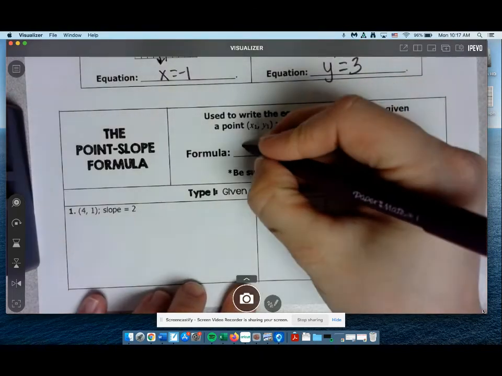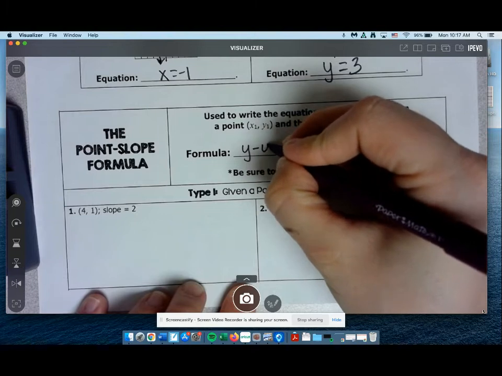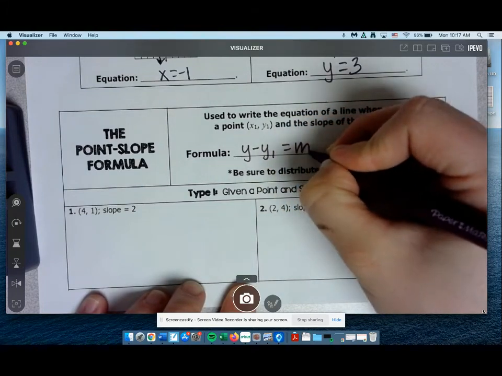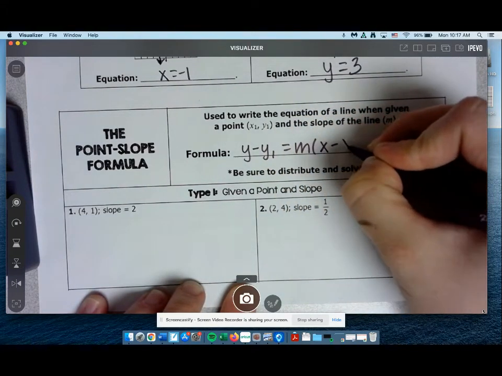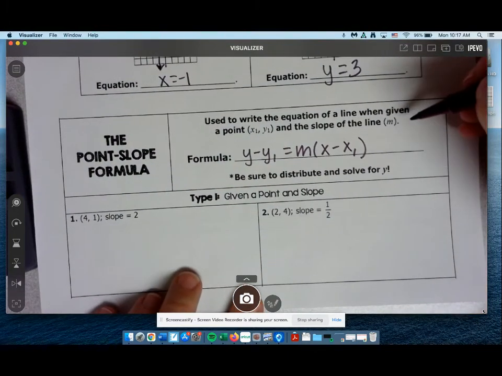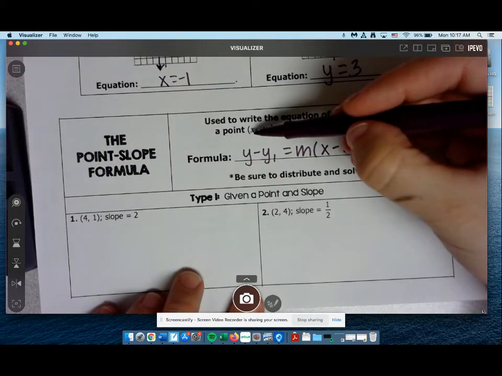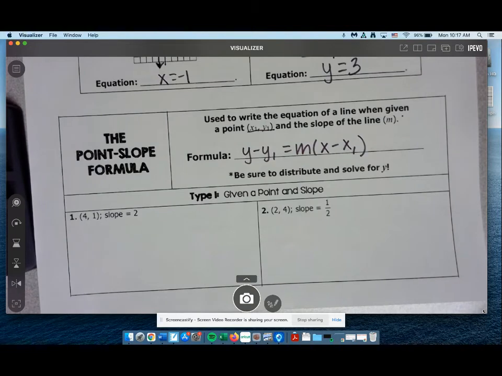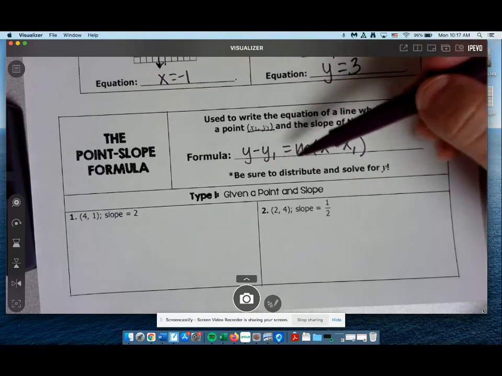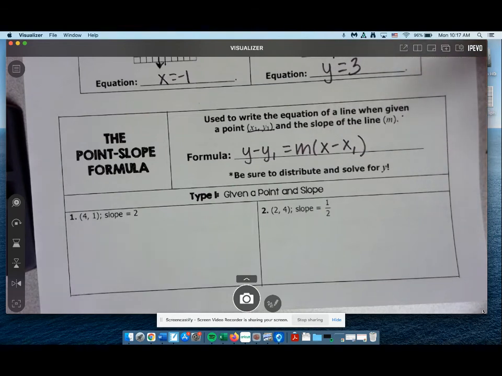So it looks like this: y minus y1 is equal to m times (x minus x1). So m is our slope, we know that, and (x1, y1) is just a point on the line. So if we have those two pieces, the slope and a point on our line, we can write this equation of our line, which can then be converted to slope-intercept form.